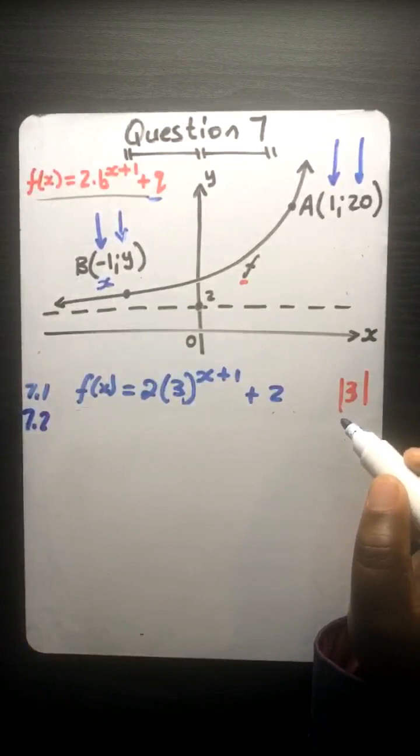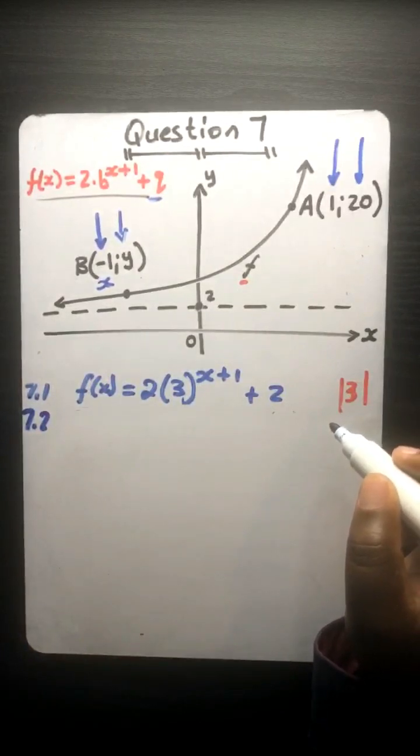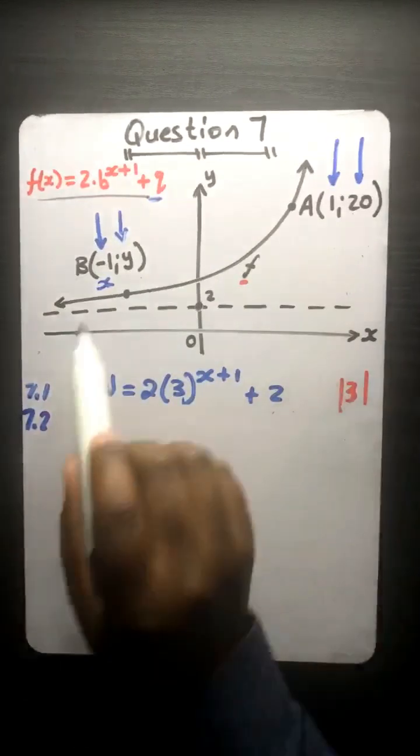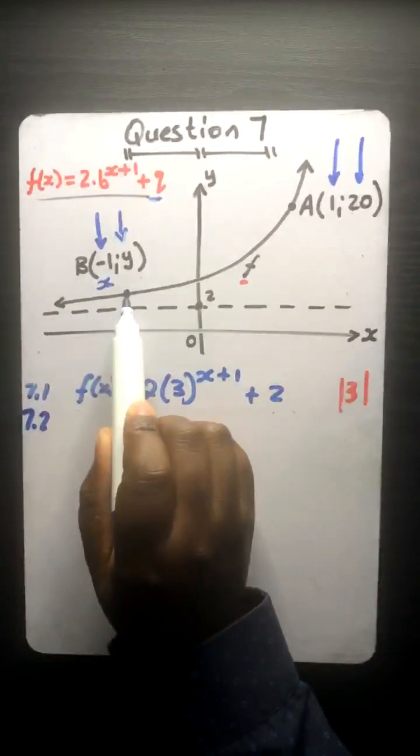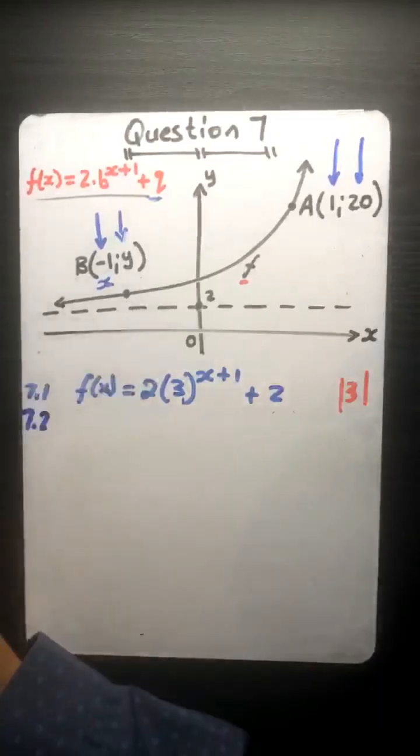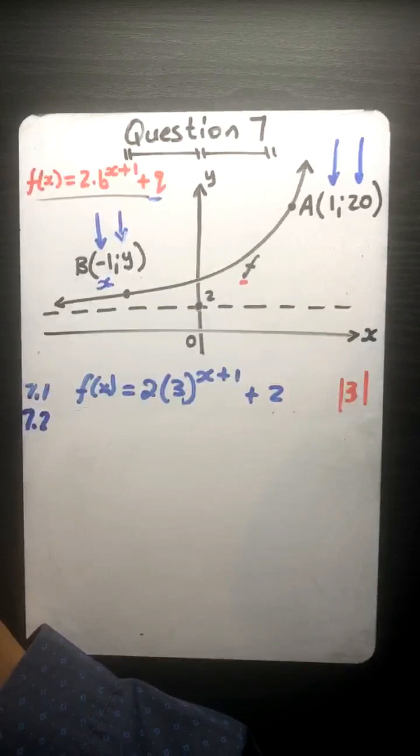Maybe let's do it this way. Let's speak. That point B is on which function? Unmute your mic, honorable member. Leave it unmuted for now.